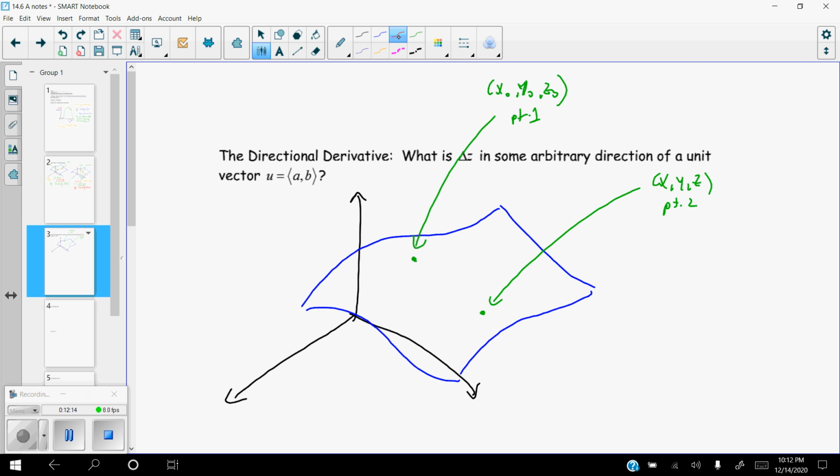So now instead of having a curve that stays parallel to either the x or y axis, this is just going to be some curve that's randomly on the surface somewhere. So maybe the curve starts over here, goes through this point, comes down here, and then goes through that point, and then goes this direction. This does not appear to be parallel to either axis, although it's really hard to tell from this. But we'll just call that curve C for right now.